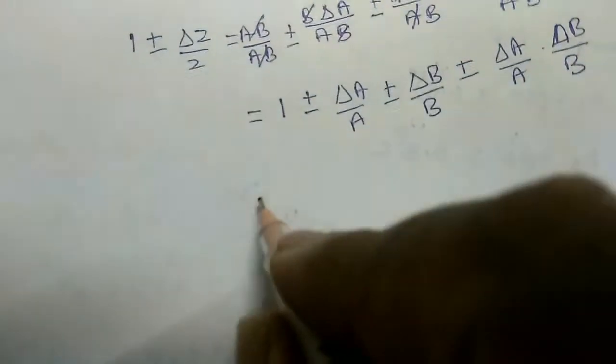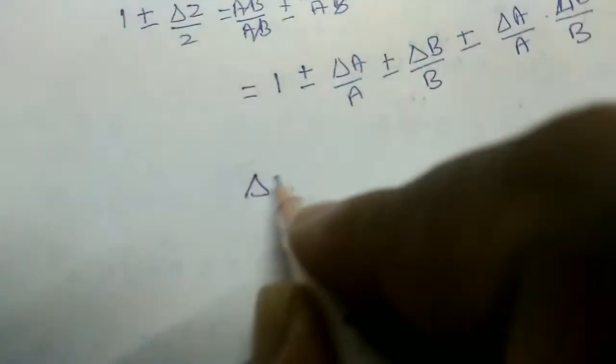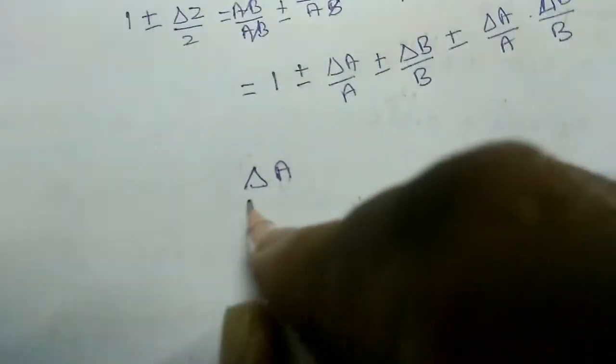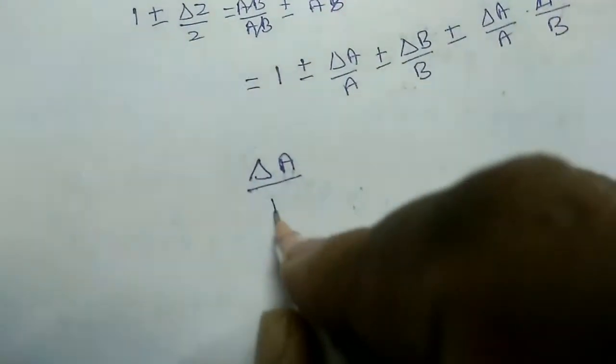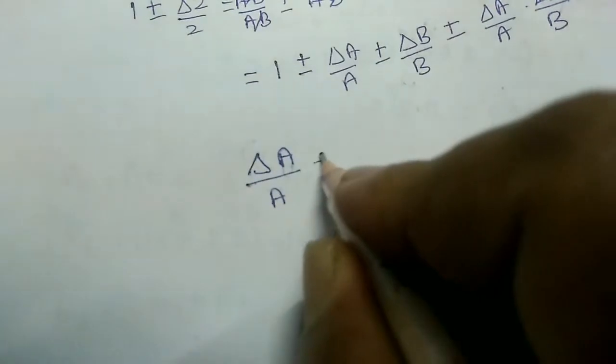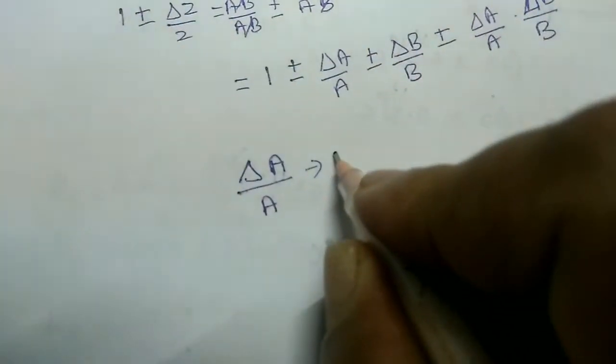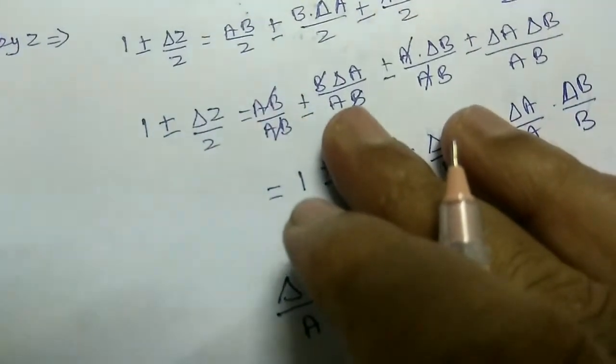Now listen. This, the absolute error of A divided by its measured value, is called relative error. That is called a relative error or fractional error.